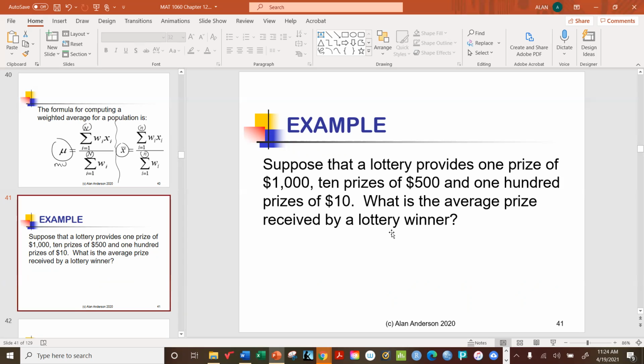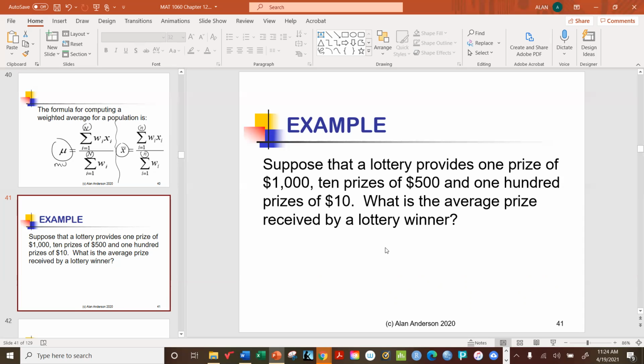When I say terrible, I mean terrible, because you would get a number that's not right. Instead, we have to take into account the fact that there are many more $10 prizes than $1,000 prizes. So that means this is a job for the weighted average formula.